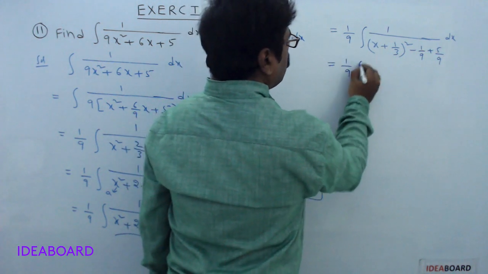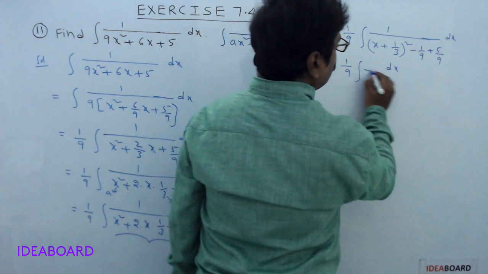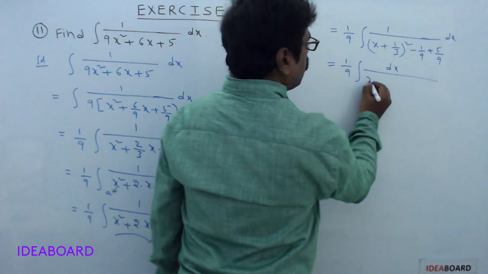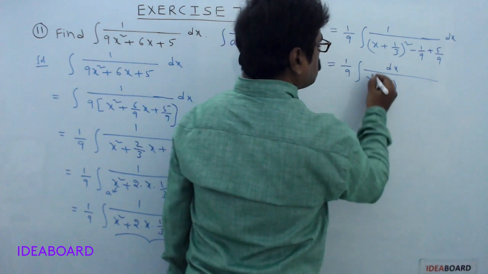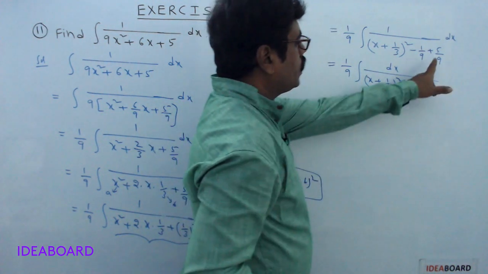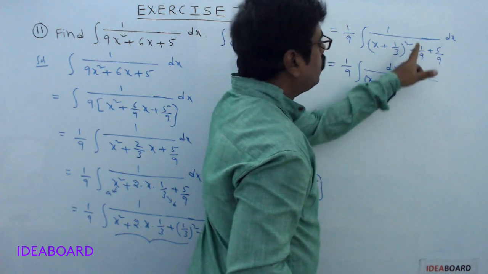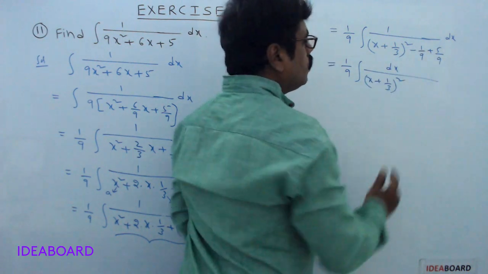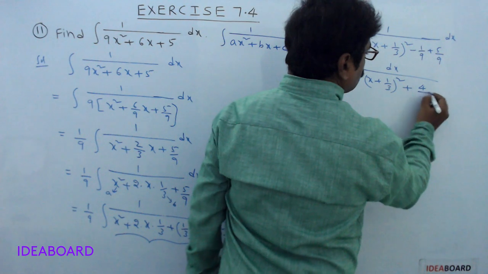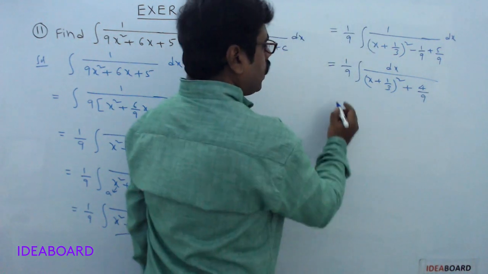Now this is 1 by 9 into integral dx divided by (x plus 1 by 3) whole square. LCM for these two terms: 9 minus 1 plus 5, that is plus 4, so plus 4 divided by 9.